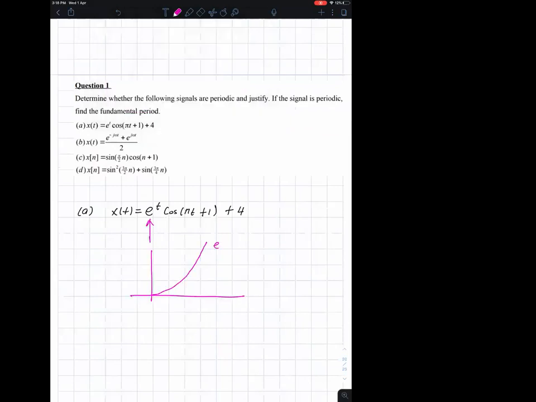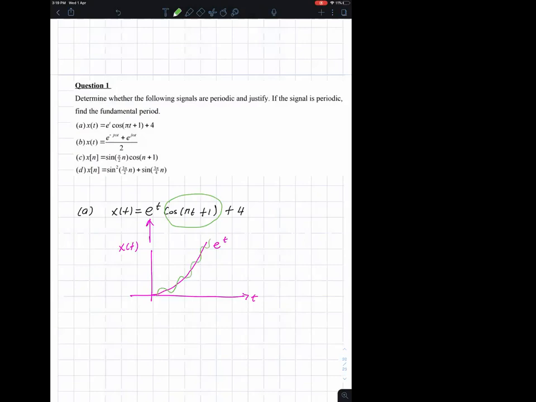There's no period involved here. If you multiply this by a cosine, which is sinusoidal and has a period, it's still going to grow. Overall, there's no period. And then you have a DC here.